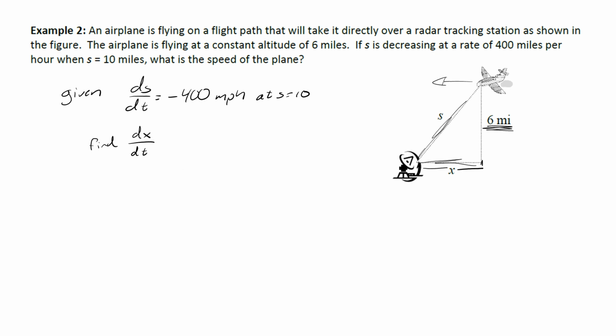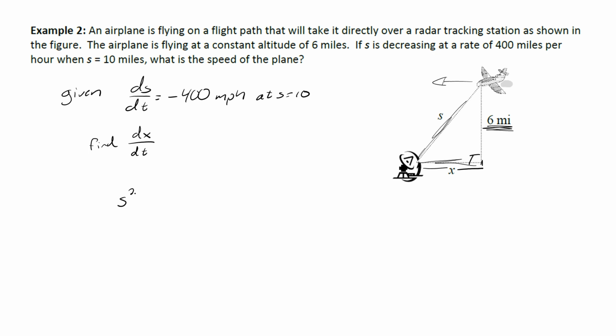The thing about this is we want to make sure we're finding it at an s value. I know when s is 10, ds/dt is negative 400, and we want to find the speed of the plane at that same time. If we write down a relationship between these two variables and the side 6, we should see this is a right triangle, and we can write it down.